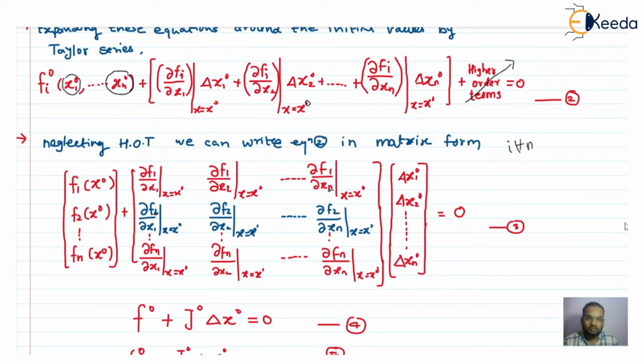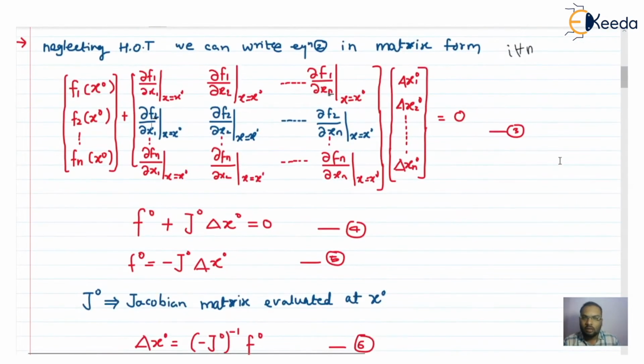Next, in short, I'm writing this as f^0, indicating the functions in the initial assumed variables, plus this whole matrix.